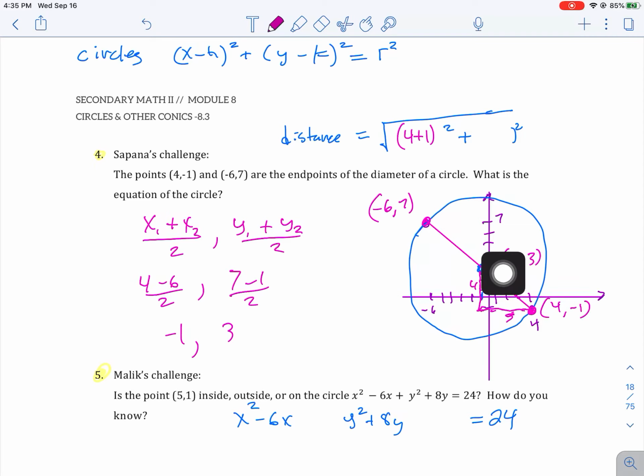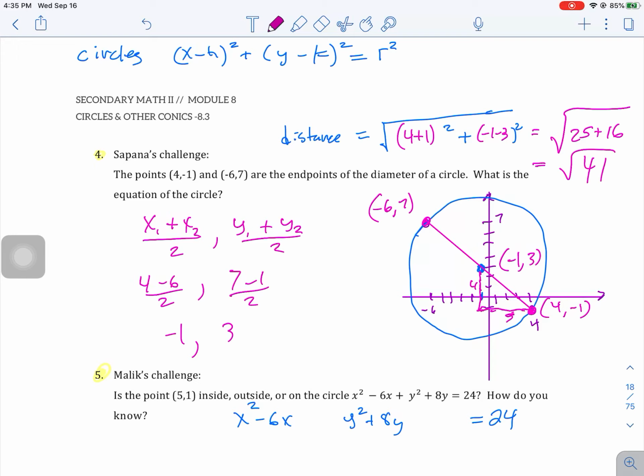The change in y values is -1 and 3, so I'll write that as -1 minus 3. If I simplify, I get 5 squared, which is 25, and -4 squared, which is 16. So I end up with the square root of 41.